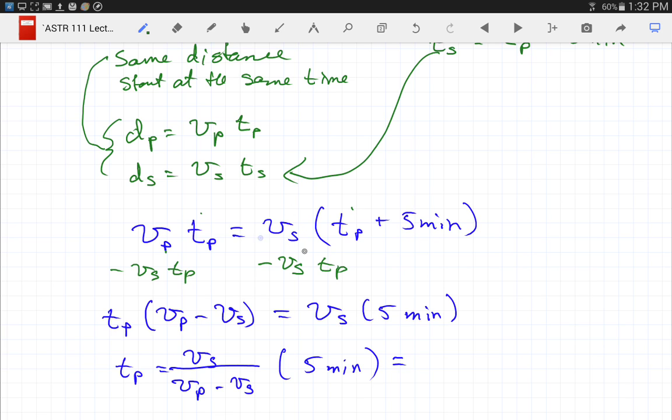And so I subtracted this one here. If you multiply the right-hand side through, that's VS TP plus VS times 5 minutes, right? Yeah, right. And so I was subtracting this VS TP from both sides. Now I have two equal signs, so that's why I have it in 3 places now. So the purpose was to move the TP, so I had both TPs on the same side of my equal sign.